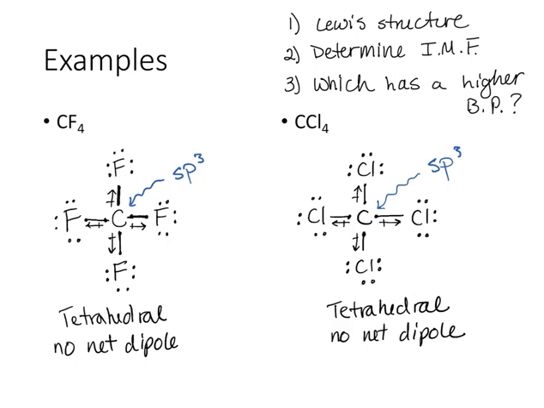Okay, so without a dipole moment, what force does CF4 experience? Does it experience London dispersion, dipole-dipole, hydrogen bonding, or ionic forces? Without a net dipole moment, it will only experience London dispersion forces.